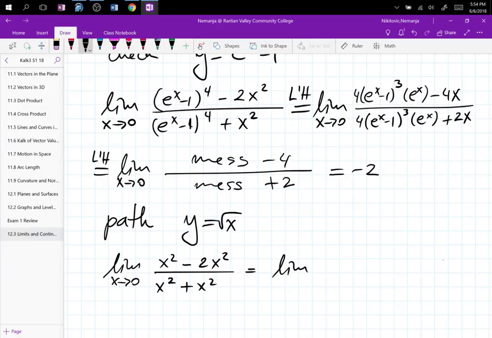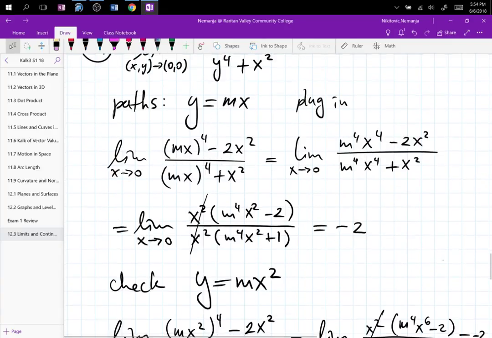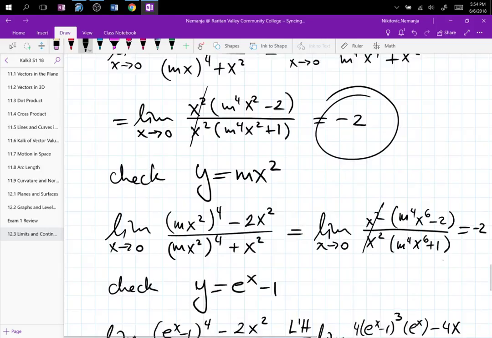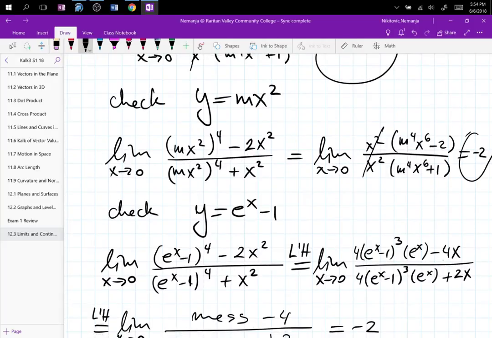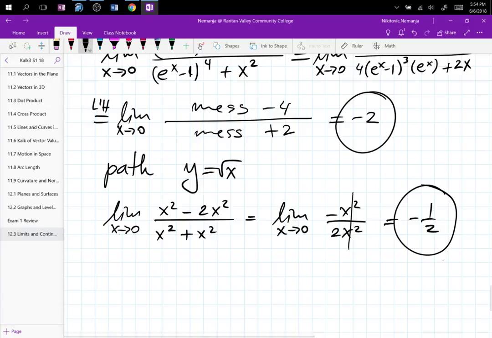So this is now the limit as x goes to 0 of negative x squared divided by 2x squared. Now we get negative 1/2. So we had negative 2, negative 2, negative 2, and now we have negative 1/2.